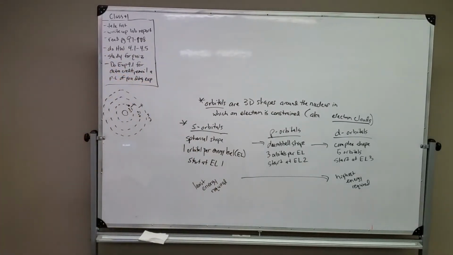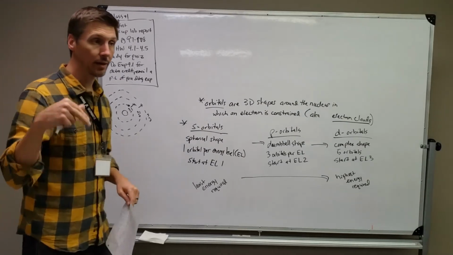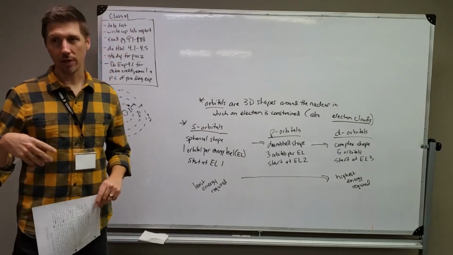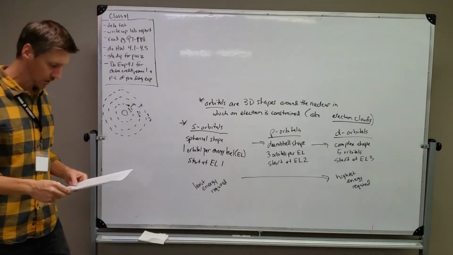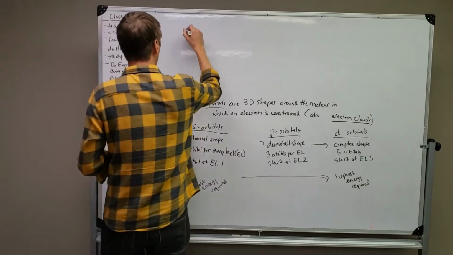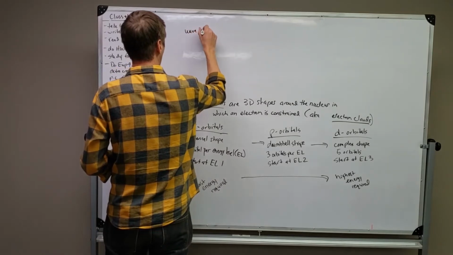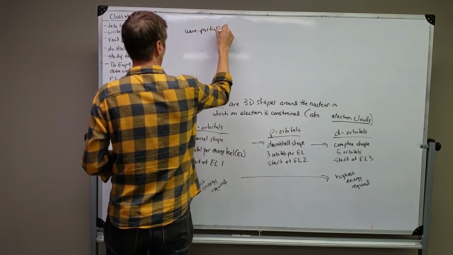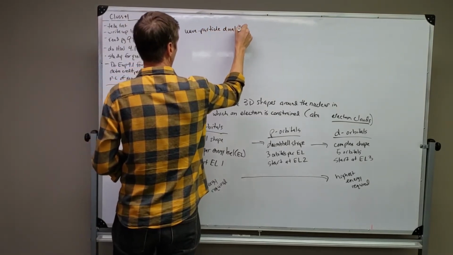Like I said, Schrodinger based this model on the assumption that electrons, like light, behave both as waves in some circumstances and as particles in others. We call this the wave-particle duality.